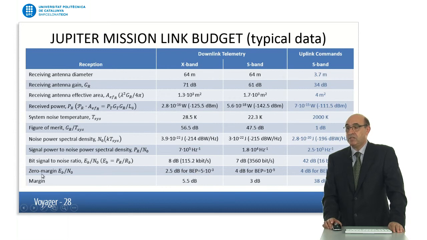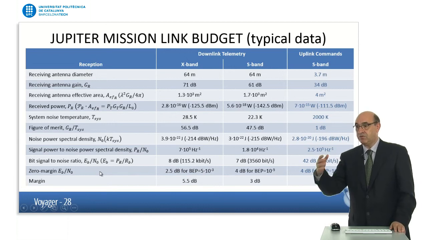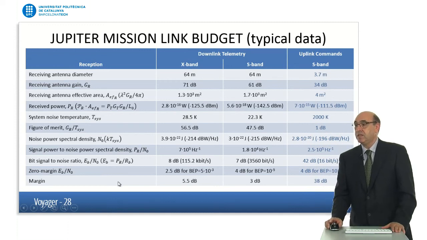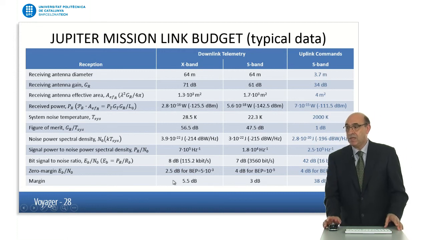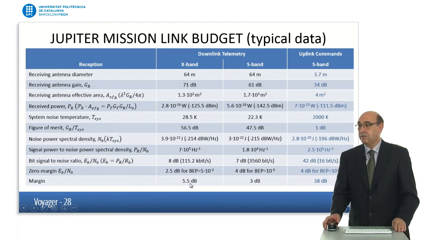And this is normally described as the zero margin. We are not considering any other effect. Could be atmospheric losses, antenna pointing, there are different values there. So this number at this bit rate, or bit error probability, gives you that you need at least 2.5. The difference between those two is the margin you have. So things could deteriorate on reception up to 5.5 dBs. If you go beyond this point, then you lose the link.